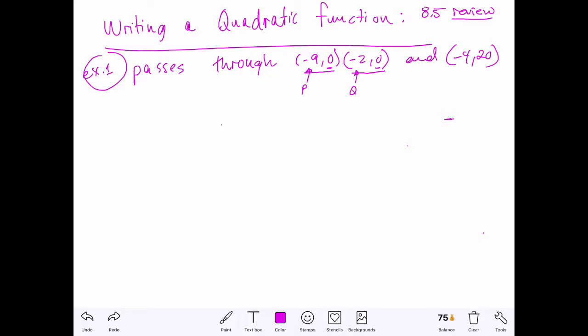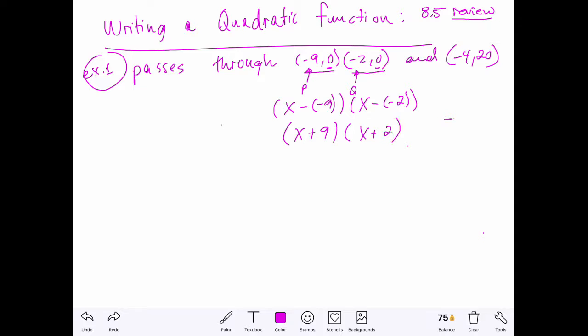So I can then work backwards and essentially go x minus whatever that x-intercept is to turn it back into a factor, x minus -9, and x minus -2, and so then negative times a negative, that'd make it x plus 9 and x plus 2.